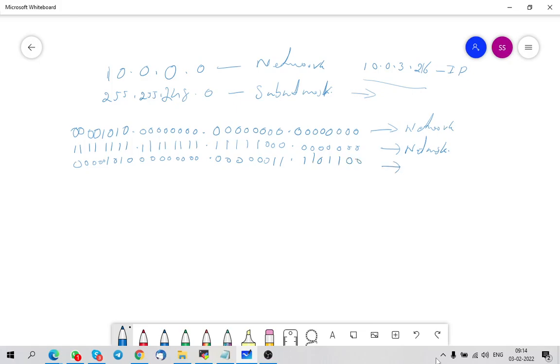So this is the IP address. Now what will it do? It will perform an operation, which is like XOR.